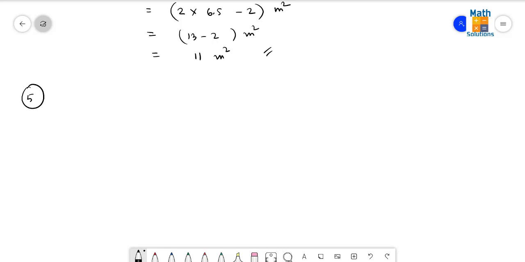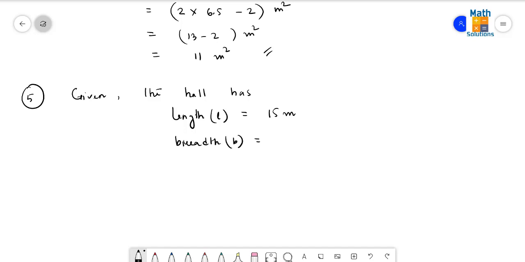So here in this case, given the hall has length L is equal to 15 meters, then breadth B is 10 meters, then height H is 7 meters.